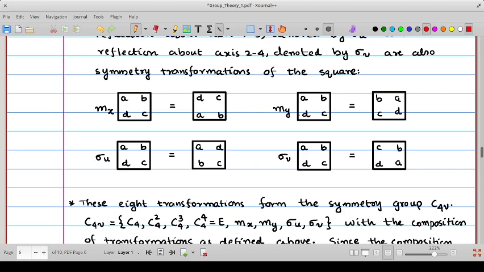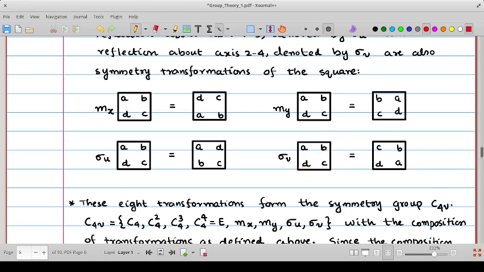By the way, the earlier operation, reflection about a plane represented by this line, is called my. And next we consider a plane represented by this line. The intersection of the plane with the square gives a line BD, and we consider the reflection about this plane.